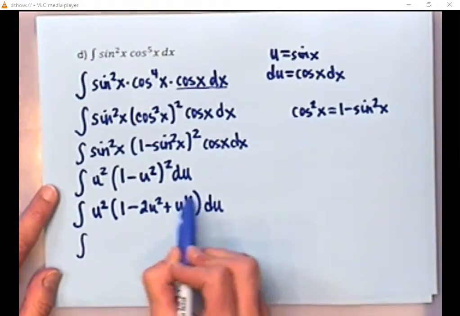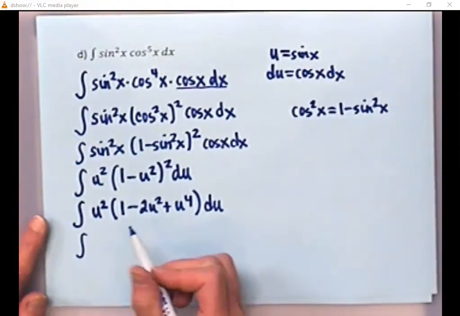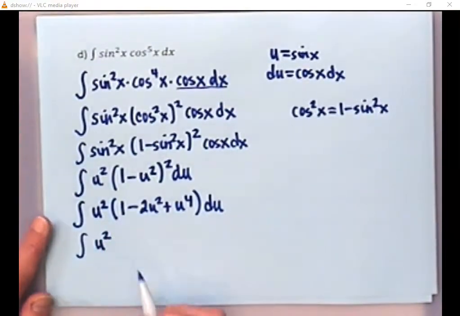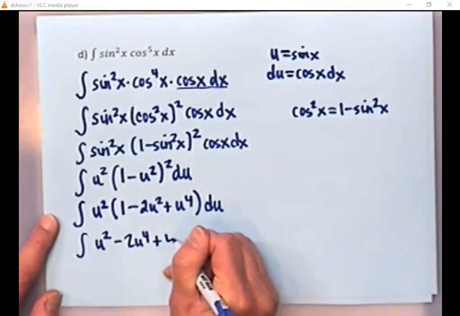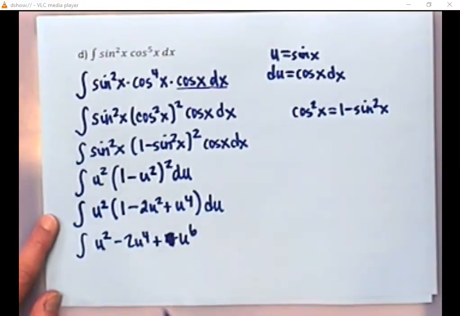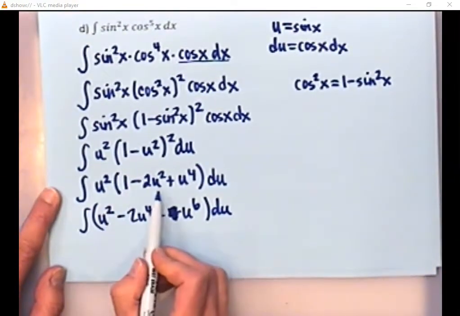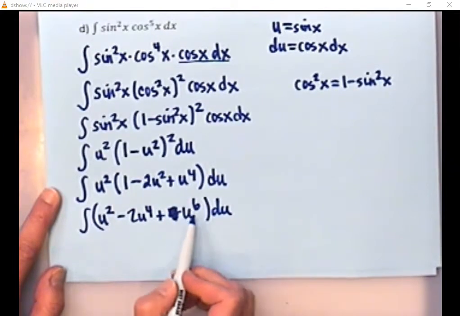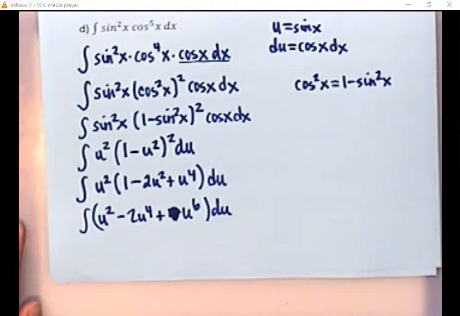So we can just have terms. Yes, that's it. So just get rid of the parentheses and distribute. So that's exactly right. So u squared minus 2u to the fourth plus u to the sixth is actually what that is. So u squared times u to the fourth, you add those together and get u to the sixth. I think is what we have there.